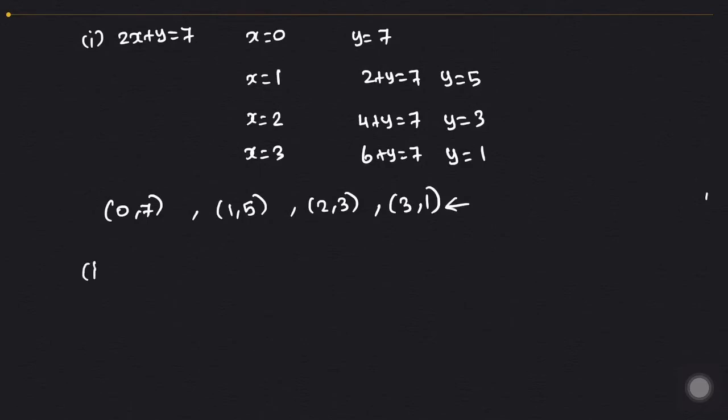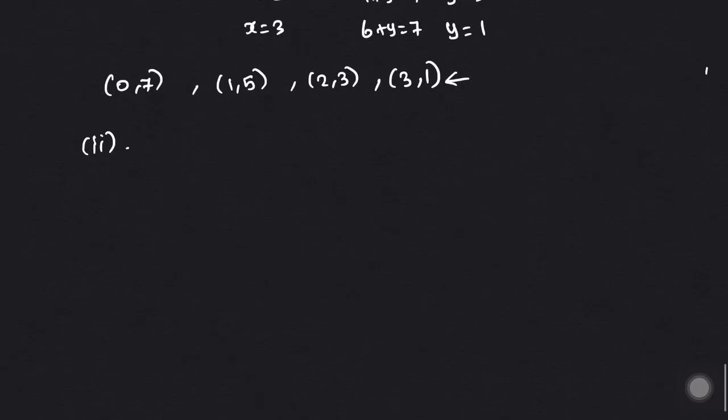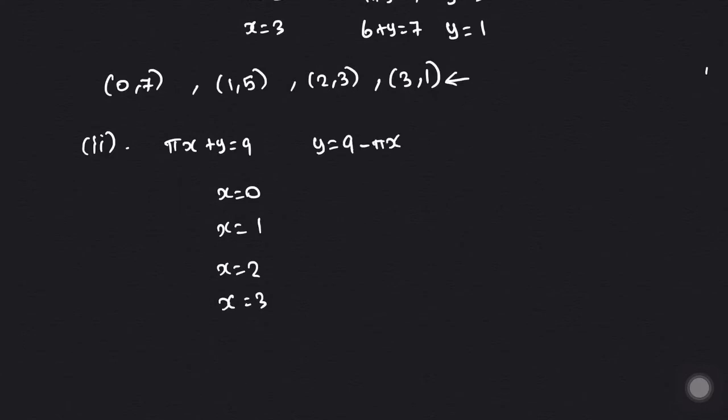Question number 2: pi x plus y equals 9. Here also I apply the x values 0, 1, 2, 3. Then I need the value of y only. So y equals 9 minus pi x. I just substitute the values here. x equal to 0 means y equals 9. x equal to 1, y equals 9 minus pi.